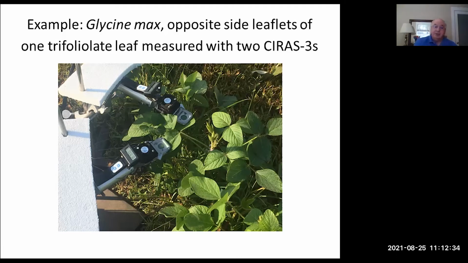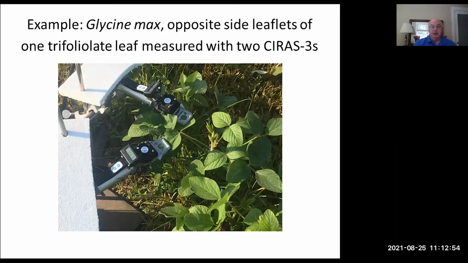You can also see that the back end of each leaf chamber is shielded with a white foam board. That's to prevent the ambient air temperature sensors from overheating in sunlight. We'll talk about that in a minute.